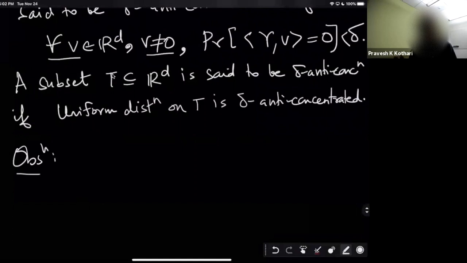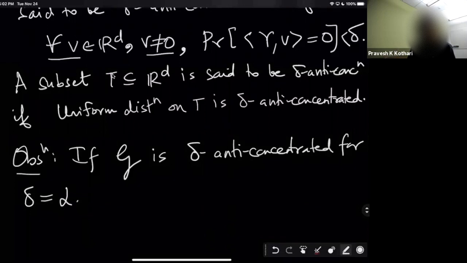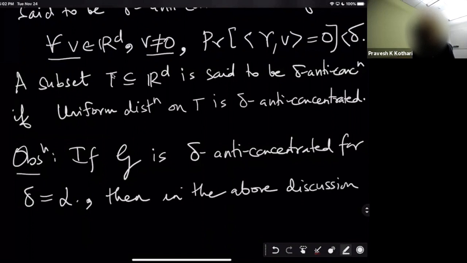This is the property that we were talking about: if the good part is delta anti-concentrated for delta equals alpha, then in the above argument Li must equal L star.